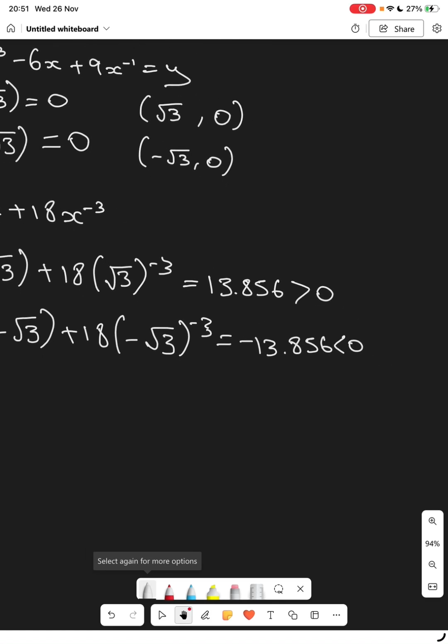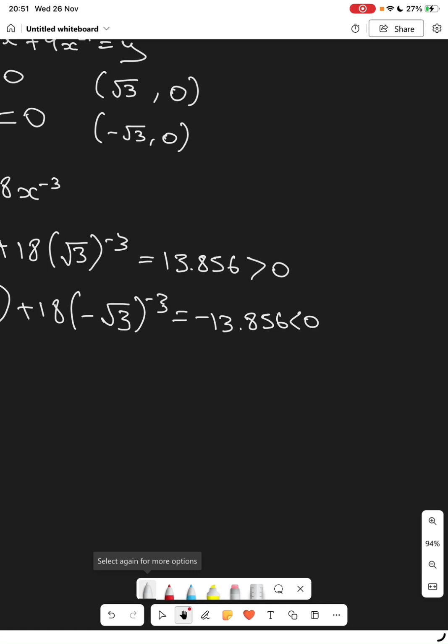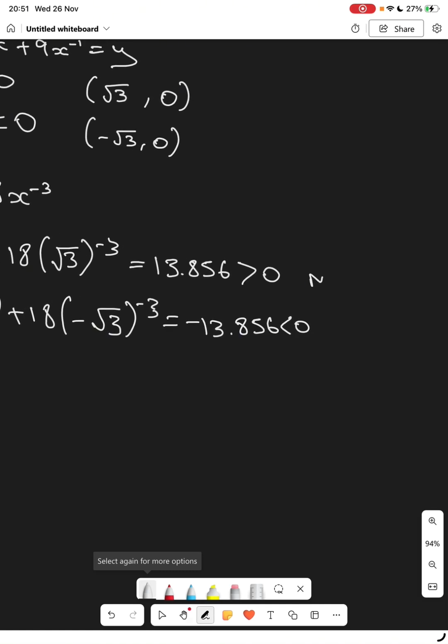So therefore, the one with root 3 is a minimum point, and this is a maximum point.